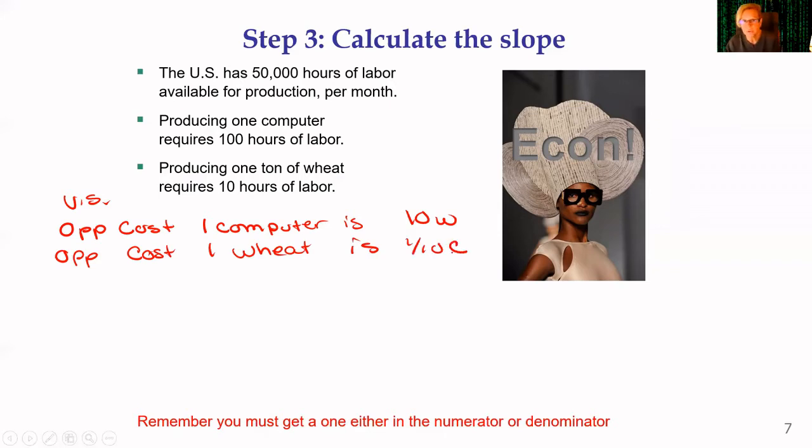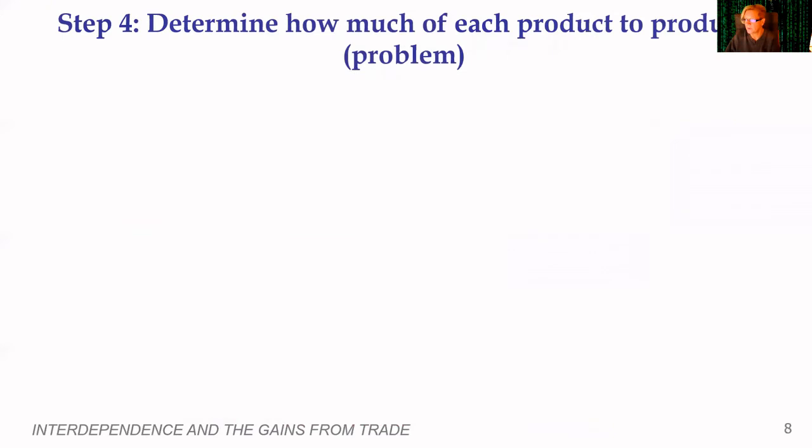So that's just from the previous lecture, Chapter 2, where we went through how to calculate the opportunity cost using the slope. Okay, so determine how much of each product to produce.